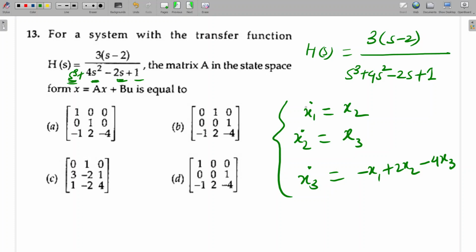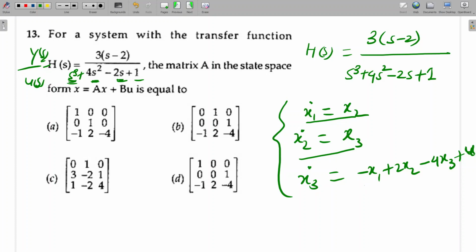The x1 dot I'm assuming as x2. This constant will come. Then x2 dot is equal to x3. This is x3 dot. So x3 dot will be equal to, since that equation is not there, b will be there, H(s) is equal to Y(s) by U(s), so that will come plus u.